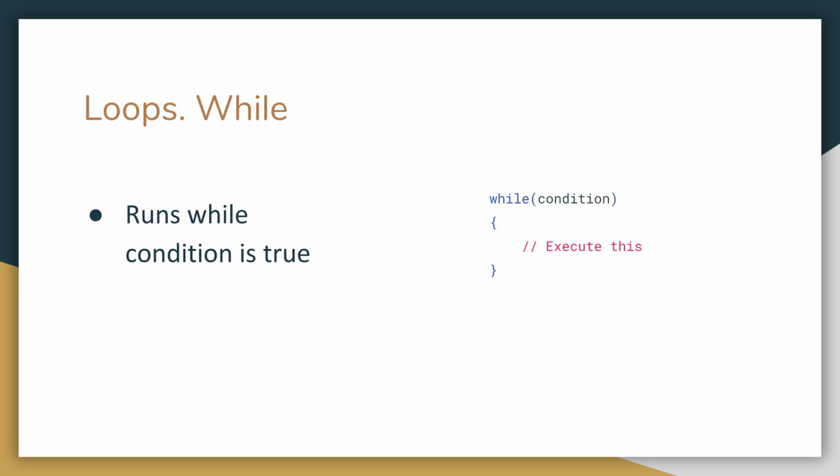While is a bit different because it doesn't need to have initial values, and it doesn't need to have a change. It doesn't have to, more like. And what this means is that it runs as long as the condition is true, and you change the condition inside the loop, inside the while loop.